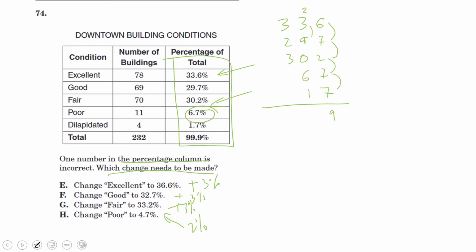Then here we got 12, 12, 18, 18, 19 plus 2, 21. And here we got 3 plus 2 plus 3. How much is that? That is 9. That is 8. So 108. So 101.9 pretty much. But it's not 99.9%. So it has to be dropped by 2. So it's H. Makes sense, guys?